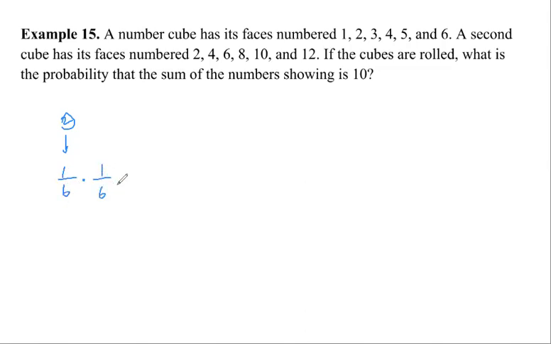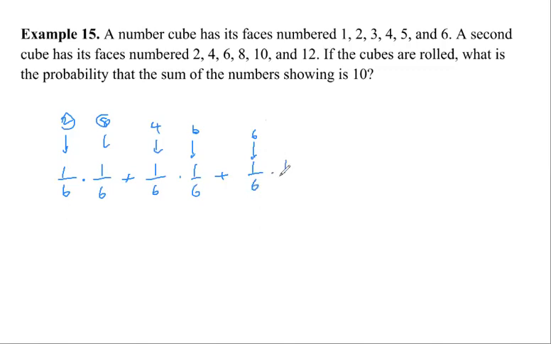The next possible number that this happens with is 4. Again, there's a 1 over 36 possibility that the first die rolls a 4 and the second die rolls a 6. And after that comes 6. There's a 1/6 possibility that the first die will roll 6 and a 1/6 possibility that the second die will roll 4.